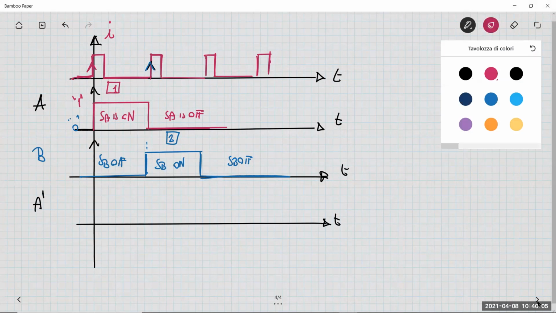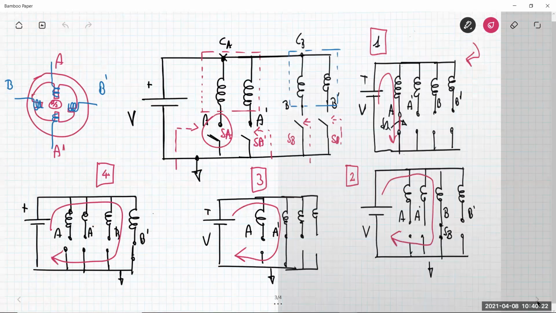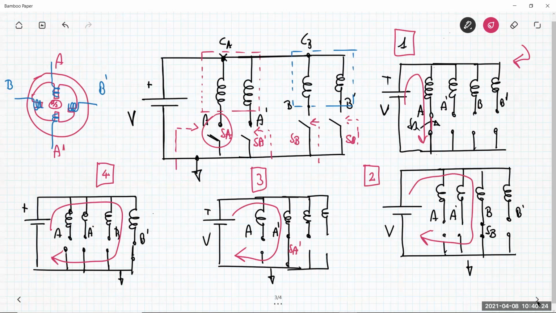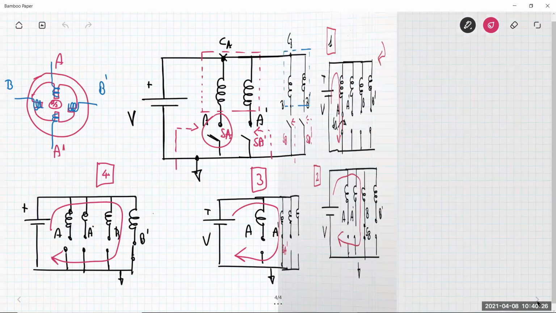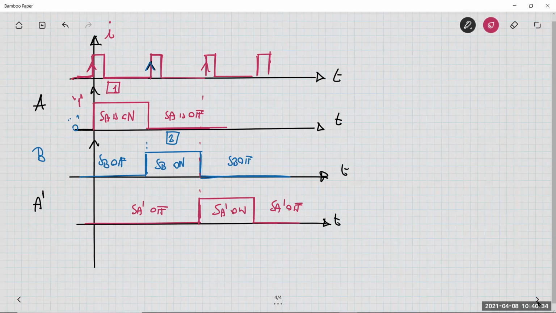So for this third pulse at the input, you have to energize this phase: SA prime on, and SA prime off when the signal is null.